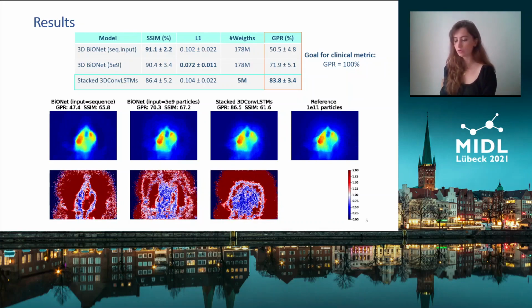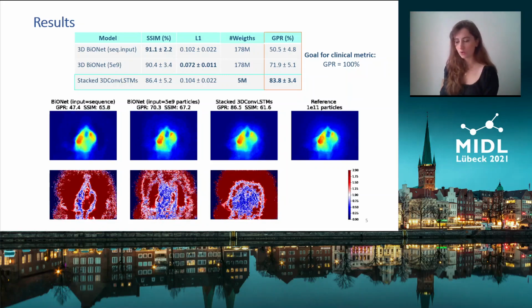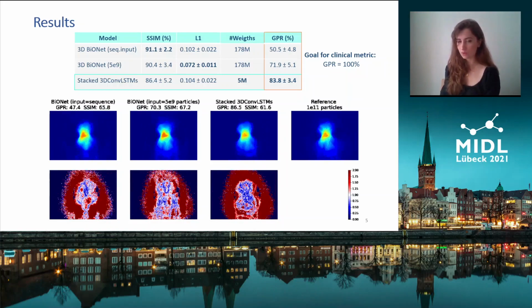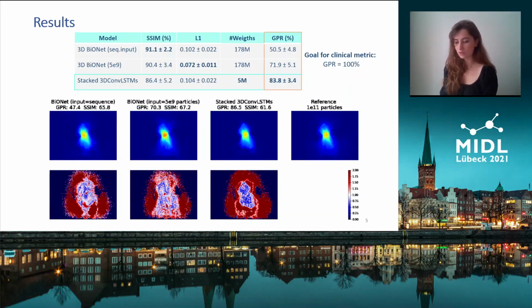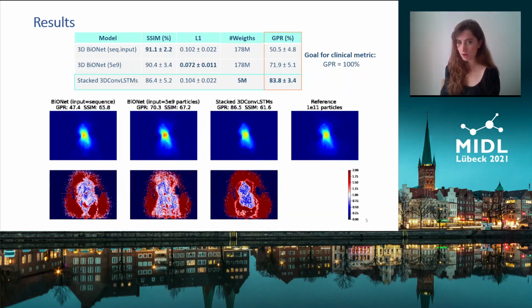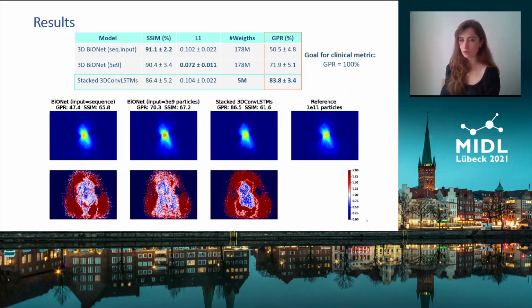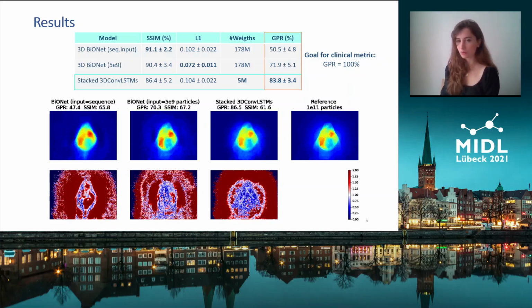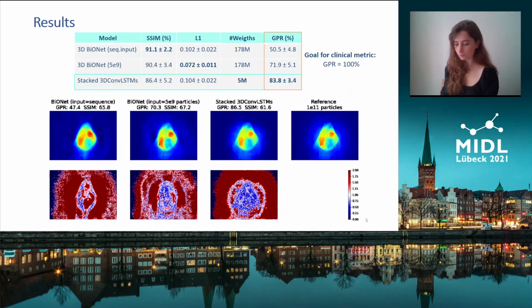And the second row shows you the voxel view of the gamma index passing rate. So simply put, when you look at the gamma index GIF, when you see blue voxels, it means that the dose in the voxel is accurate. And red means that the dose does not match the reference dose and is therefore not usable in practice.